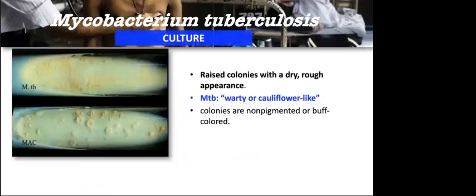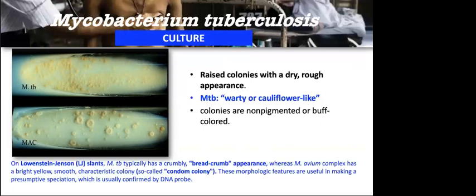And this is how they would look. Your TB bacilli would look like warty, cauliflower-like colonies. They would look like breadcrumbs actually, on your Lowenstein-Jensen media. They're non-pigmented, just a little off-white or light yellow, very pale yellow.